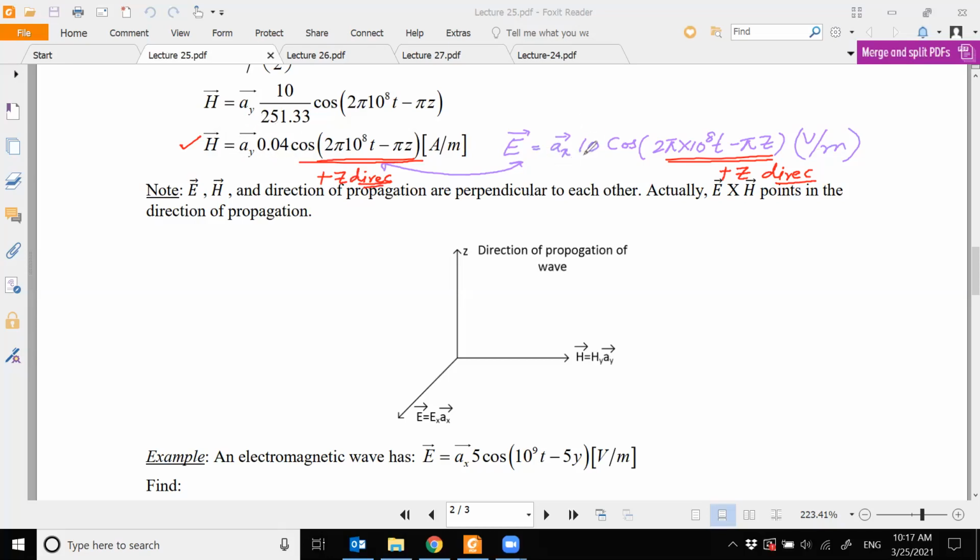Or I would say that E bar cross H bar will give me the direction of propagation. So here Ax cross Ay. What is Ax cross Ay? Ax cross Ay is Az, and this is my direction of propagation.